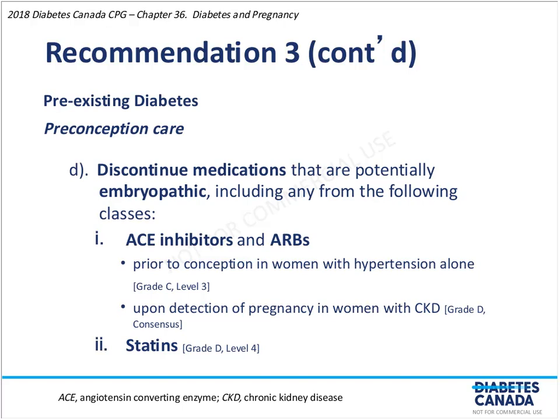If a woman gets pregnant while on an ACE inhibitor or an ARB, that doesn't seem to be a problem, but it simply means they need to switch to something else in the 1st trimester, specifically labetalol or alpha-methyl-dopa or a calcium channel blocker.